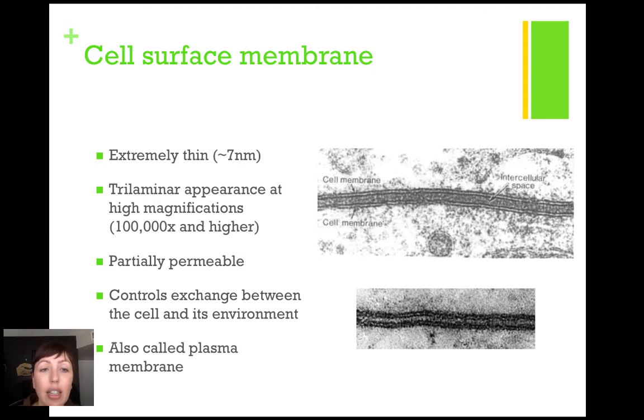It has a trilaminar appearance at high magnifications. It is partially permeable, of course, because we know that things need to come in and out of that cell membrane. And it controls exchange between the cell and its environment, both its internal environment and its external environment. And a lot of times you'll see it also called the plasma membrane. So in the literature, cell membrane and plasma membrane are the same thing.